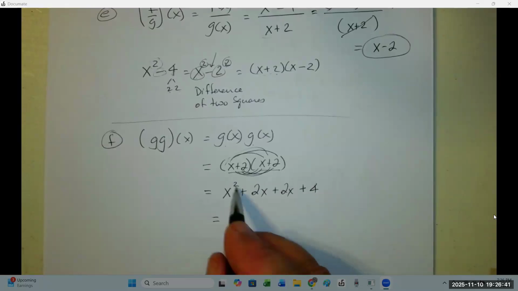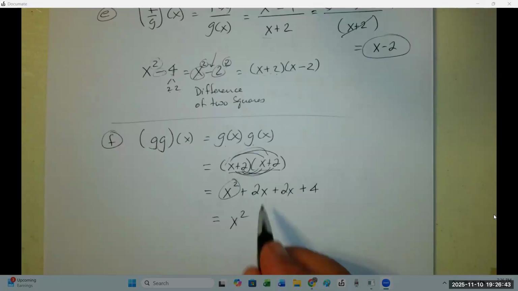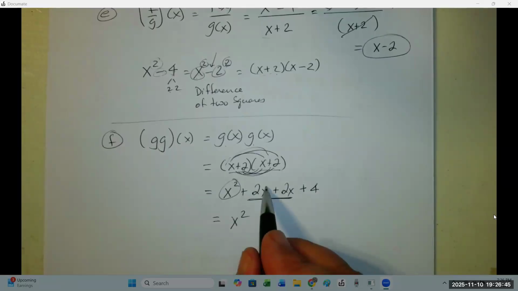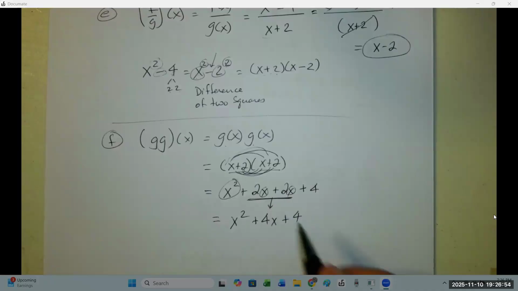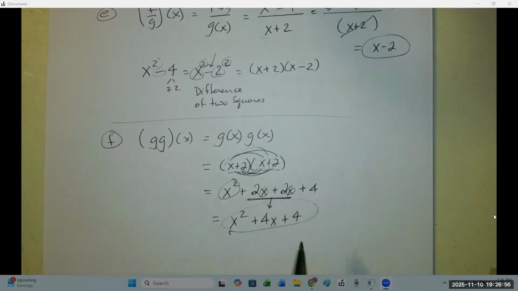Combine like terms. X squared. These two terms are the same. They both have x's. 2x plus 2x is 4x plus 4. And there's that answer.